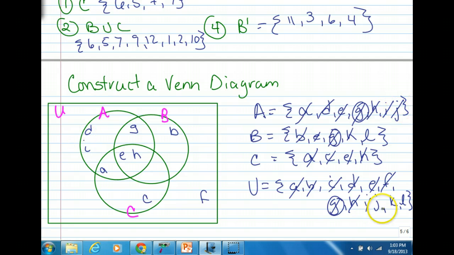J is in A, the only place it is. K is just in the universe, so K is going to go on the outside. And L is just in B. So there's the answer. Not too hard. You just need to be very detailed when you go through this.